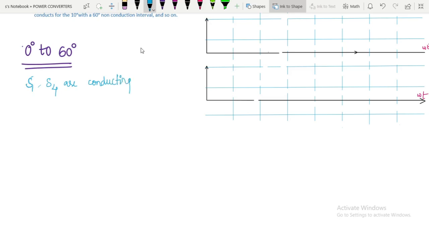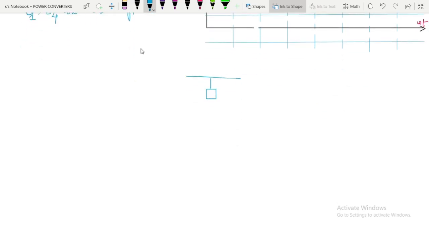These are the two switches. For 180-degree conduction mode, which we have seen earlier, there were 3 switches conducting at a time, but for 120-degree conduction mode there are only 2 switches. Here you can see one switch is odd numbered and the other is even numbered. That means we have one switch operating from the upper group and the other from the lower group.